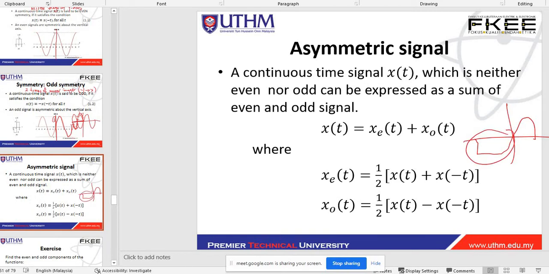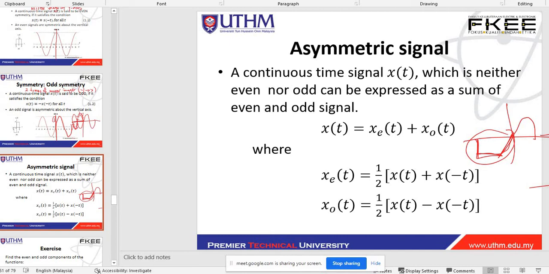If even, it should be like this. If odd, then you have to calculate. But this one, definitely odd should be in this way. But here the curve does not fulfill the odd symmetric. So it's neither even nor odd.